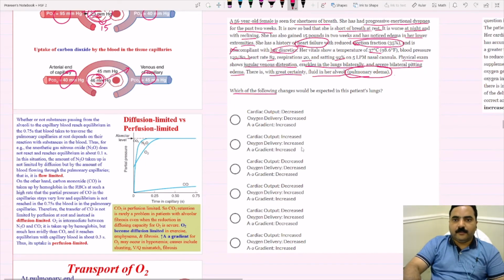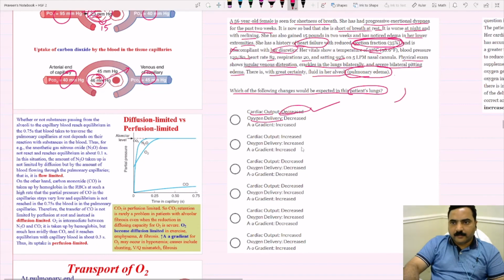So which of the following changes would be expected in this patient's lung? What will happen to cardiac output? What will happen to oxygen delivery? What happens to the AA gradient? The question itself is giving that the ejection fraction is decreased to 35%, so cardiac output is decreased. That's correct. Oxygen delivery: because of the pulmonary edema, can we exchange the gases?